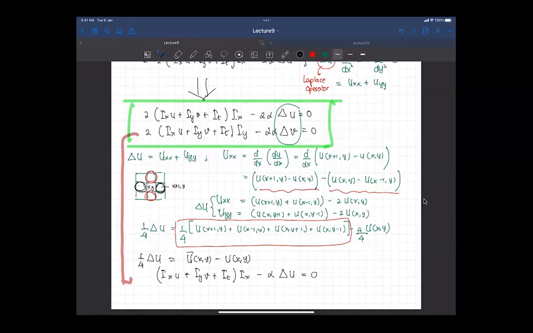That's the original equation, right? I remove 2 because 2 is meaningless. On the left, there is 2. I can cancel these 2 out. And we know that nabla delta u is alpha delta u, alpha average minus u equal to 0.